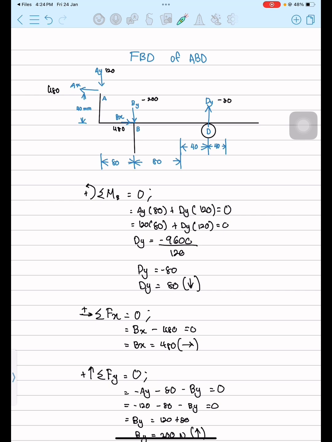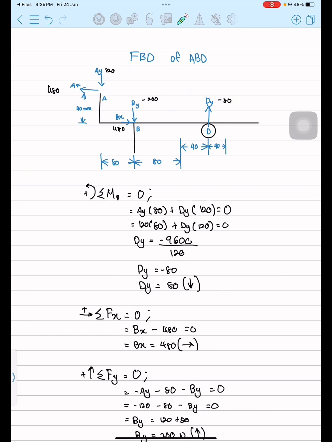And then we want to find Dy, from point D. Ay is from point A, which we already got from the free body diagram ACE, multiplied by the distance from point B, and the Dy is from here. So plus 80 plus 40 plus 40. And then we get Dy is negative 80.